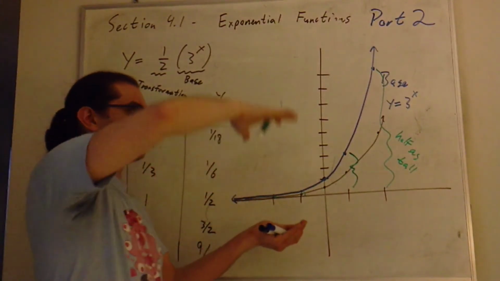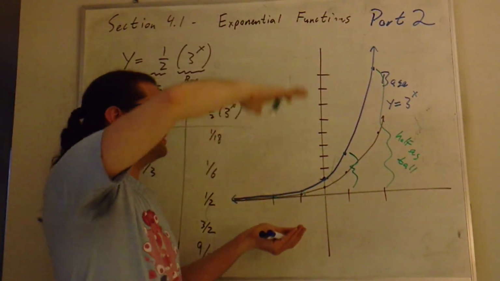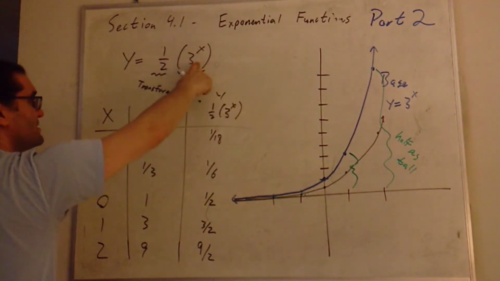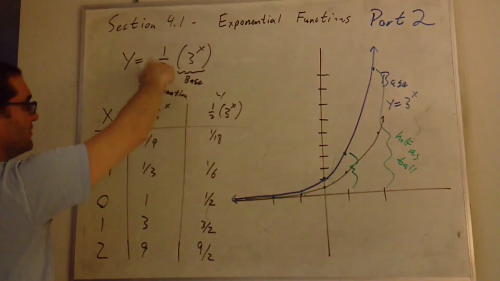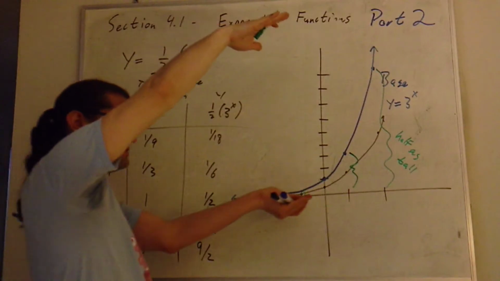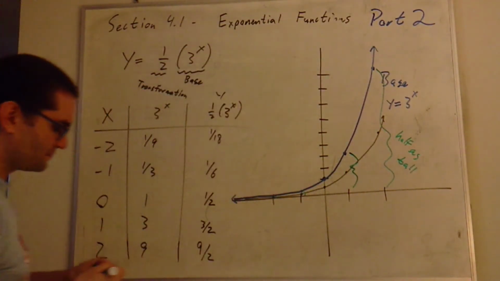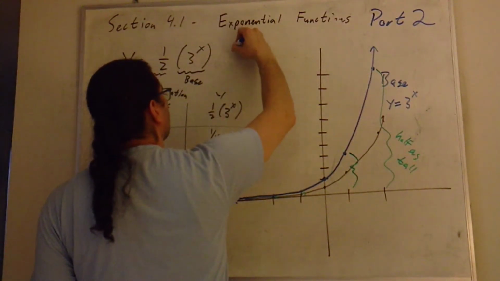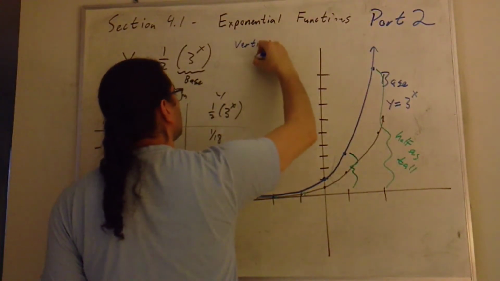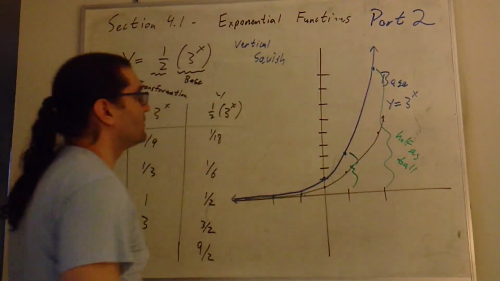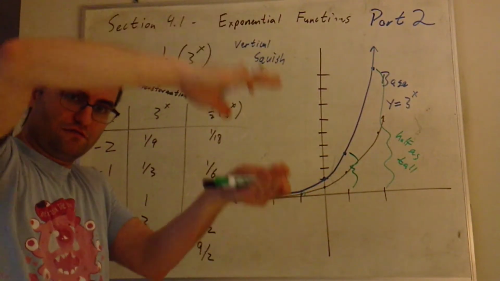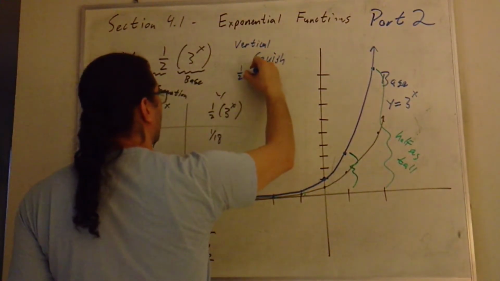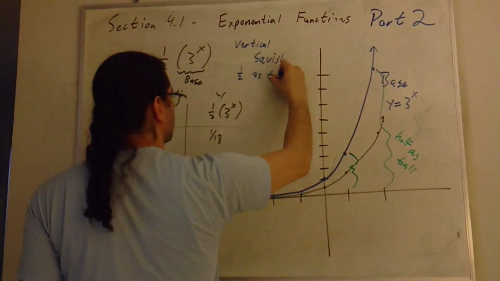Whatever this distance from the y-axis used to be, that distance has been cut in half, which makes sense. This is the original y value. You cut it in half literally to get the new y value. So it makes sense that this is just a cutting in half. I refer to this using the words vertical squish, because it's getting squished, it's getting shorter, 1/2 as tall.